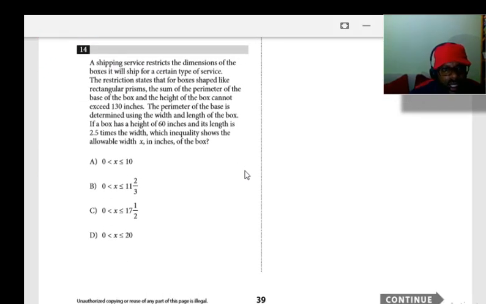The shipping service restricts the dimensions of the box it will ship. There is a kind of box, just to visualize a certain type of service. The restrictions say that for a box shaped like a rectangular prism, the sum of the perimeter of the base of the box and the height cannot exceed, which means less than or equal to, 160.